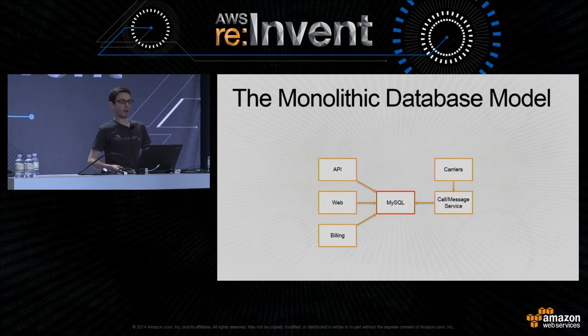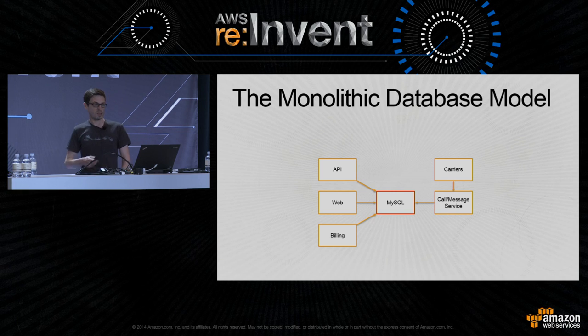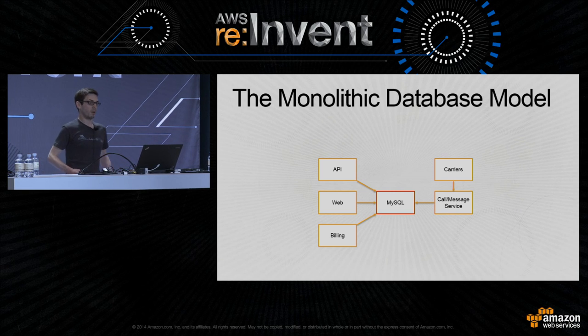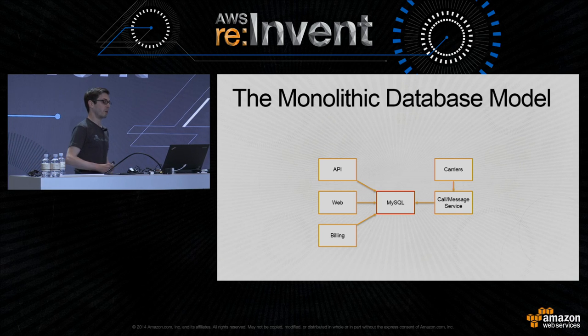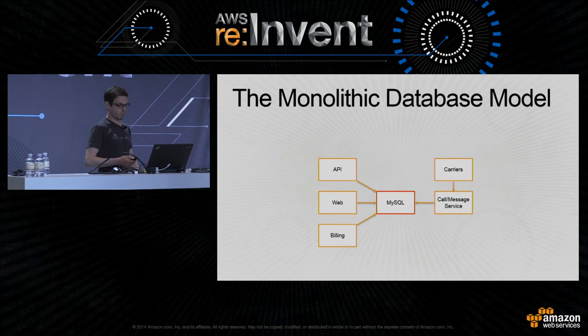We call this the monolithic database model. In this example, you have an API service, a web service, and a billing service, all talking directly to a MySQL cluster, or a MySQL master. And you have the call and messaging service, which actually does the transitioning of states for calls and messages and interfacing with carriers, also talking directly to that MySQL master.